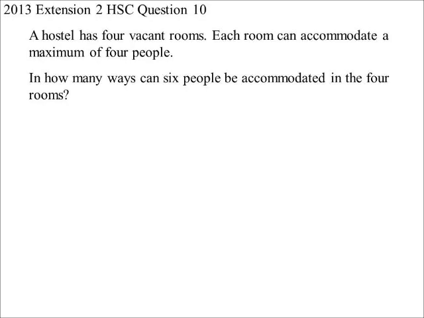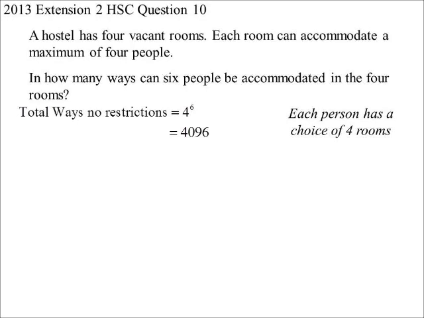Okay. Well, I know if there's no restriction, it'll be 4 to the power of 6. So the first person's going to come along and go, I want a particular room, has 4 choices. The second person's going to come along, 4 choices. The third person's going to come along, I've got 4 choices. So we'll end up with 4 times 4 times 4 times 4 to the power of 6. Okay.